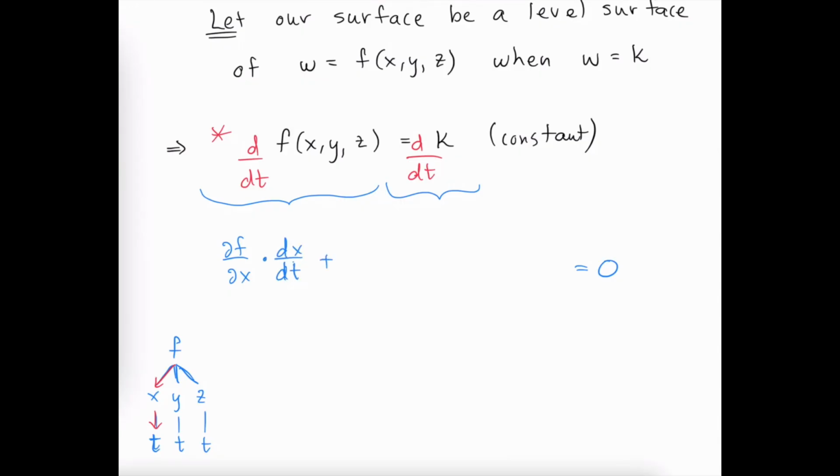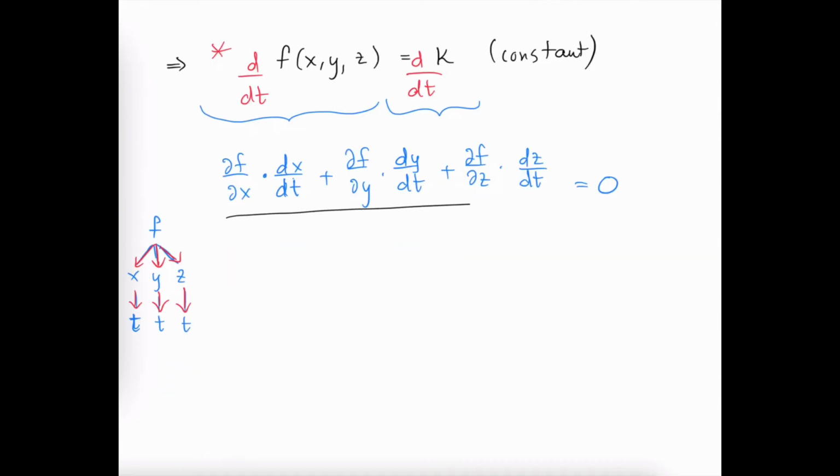Plus, now heading down the y branch, we get first partial of f with respect to y. Continuing down the y branch to t, we get the straight d derivative of y with respect to t. Then we head down the z branch and get first partial of f with respect to z, times, continuing down the z branch, we get straight d derivative dz dt.